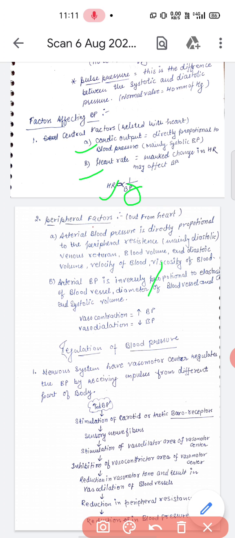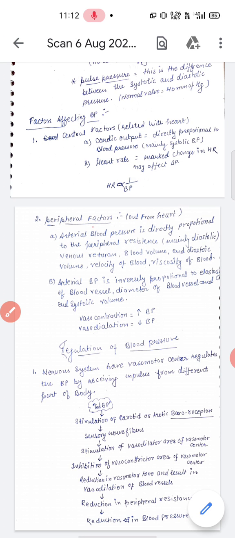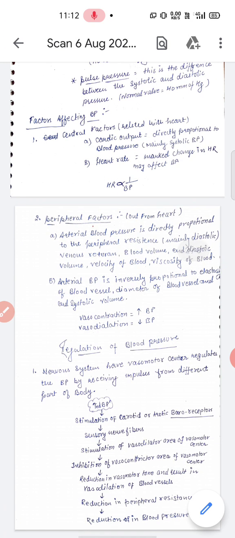Next we are discussing the other factors. These are called peripheral factors. These peripheral factors affect your BP, and are not directly related to the heart. In this category, arterial blood pressure is directly proportional to the peripheral resistance.